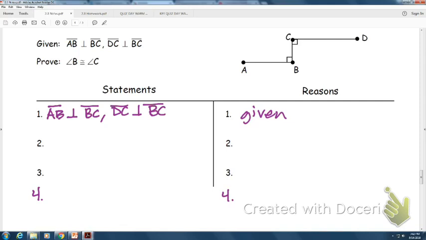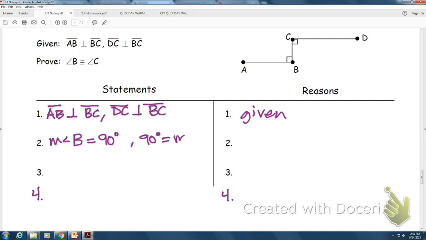They form right angles. What angles are right angles? Complementary are right angles. But I'm saying in this diagram, what angles would be right angles? Very good. So write that. Measure of angle, and I'm just going to use B because there's only one angle coming from B. So the measure of angle B equals what? 90 degrees. And the measure of angle C is equal to what? 90 degrees.